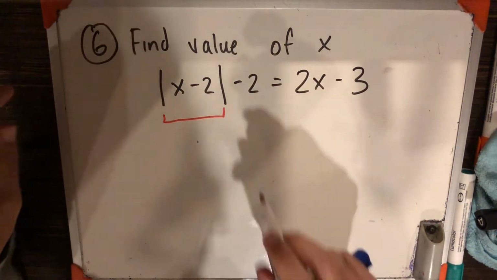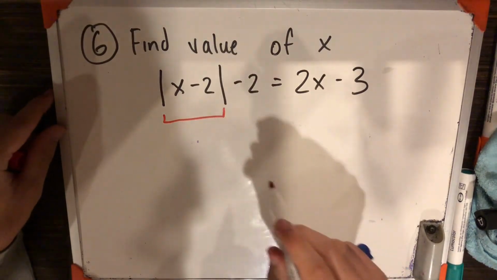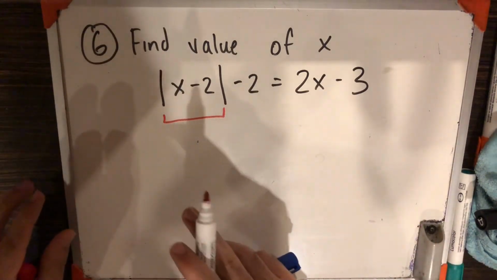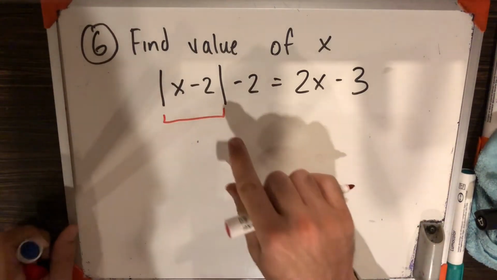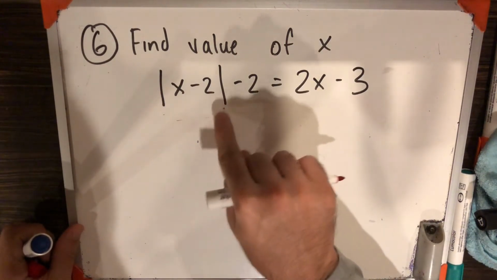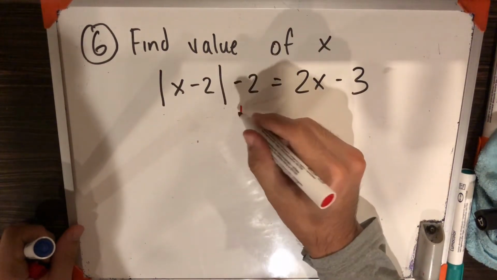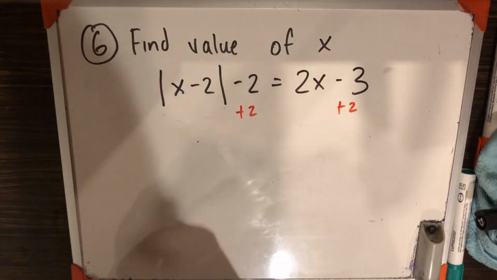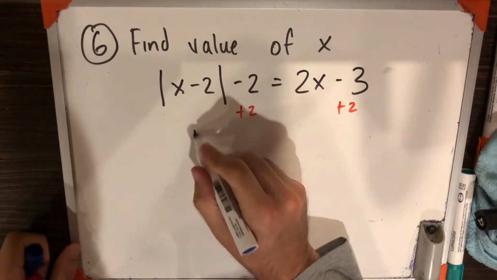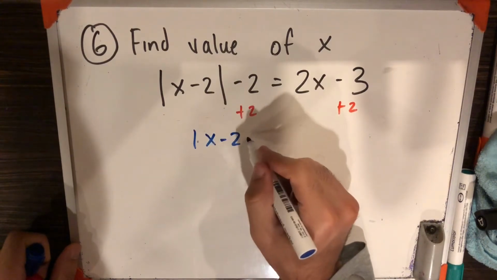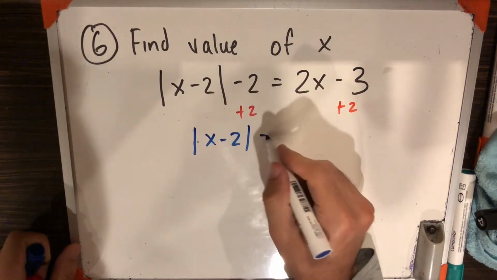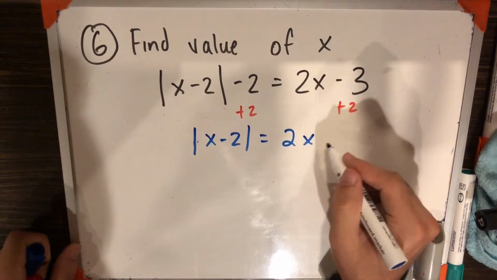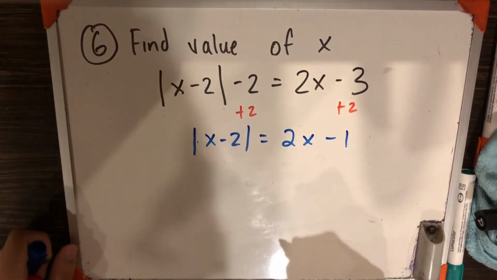It's got to be by itself before you split it up into the positive situation and the negative situation, right? So even before you start splitting them up, I know I need to add 2 to both sides. So I'll end up having a brand new equation. I'll end up having x minus 2 is equal to 2x minus 1.